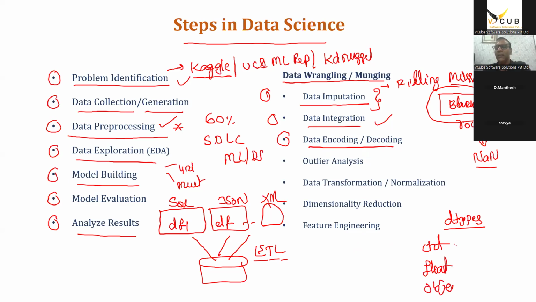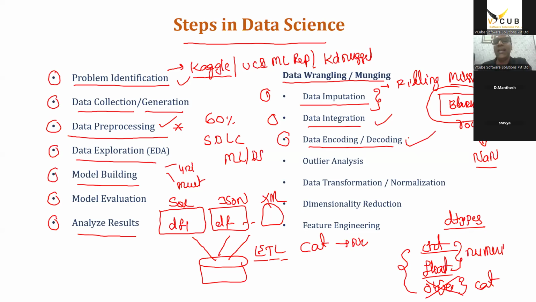Integer data and float data are called numerical data, and object data is called categorical data. But one important point is that all ML libraries deal only with numerical data, not with object data. The basic purpose of data encoding is to convert your categorical data into numerical data. This process is called data encoding. I'll discuss it one by one.